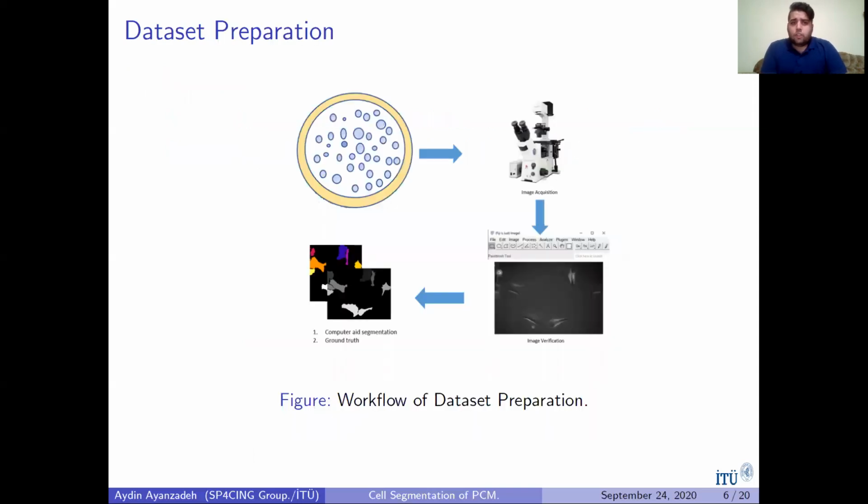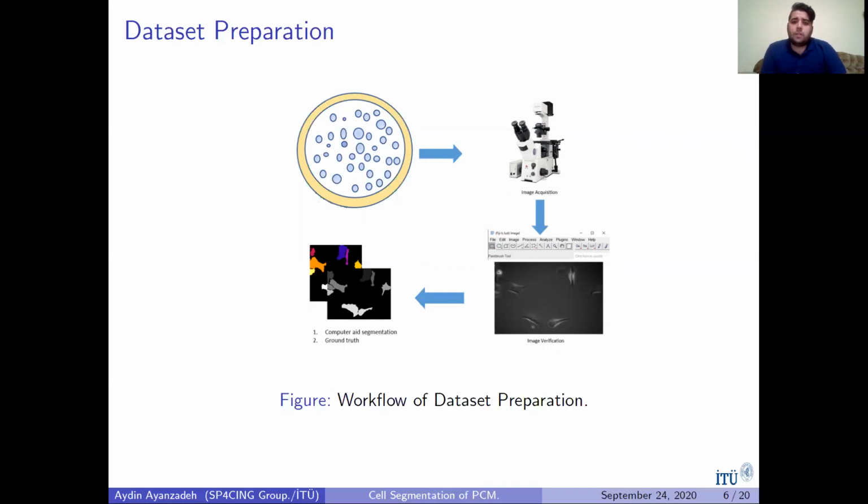For the preparation of this dataset, there are four important steps. The first one is the preparation of the cells. These cells are prepared and kept for a specific time to be generated. Afterward, with the help of microscopes, they are visualized and move forward to the verification step.